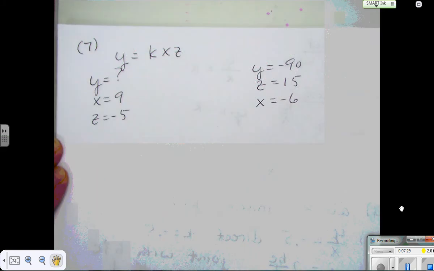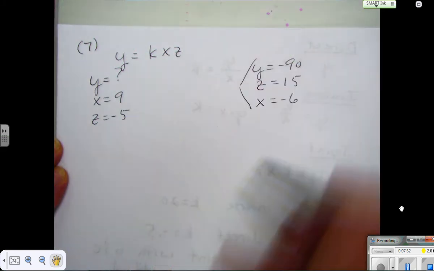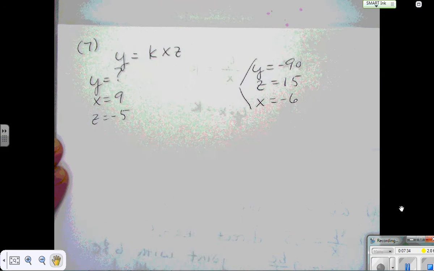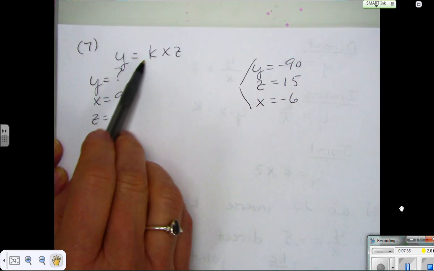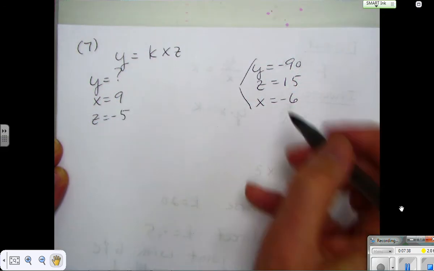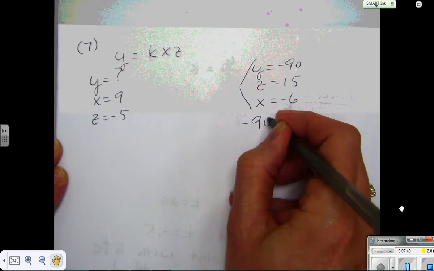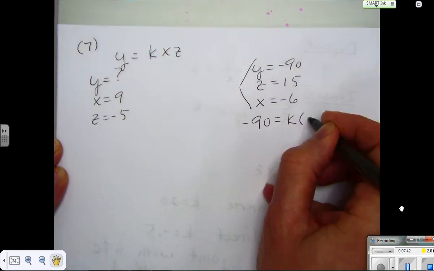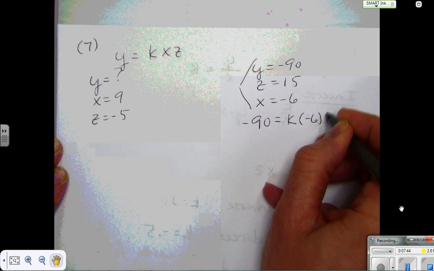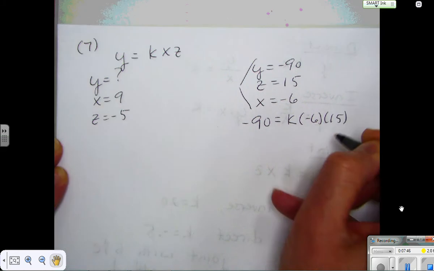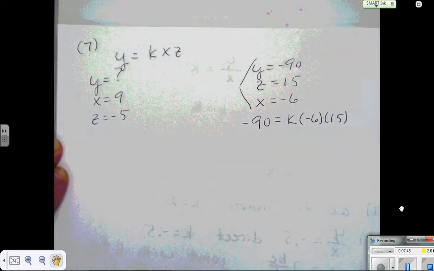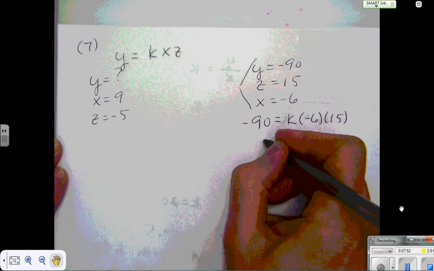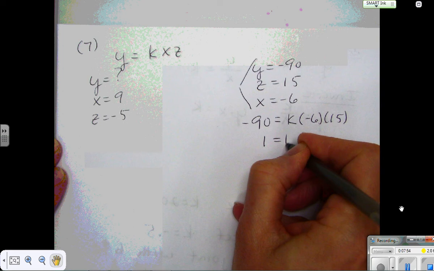So I'm going to take the complete data for the variables, substitute it in to get the K. Okay, so negative 90 equals K times negative 6 times 15. So I just need to divide. And you should get 1 as K.